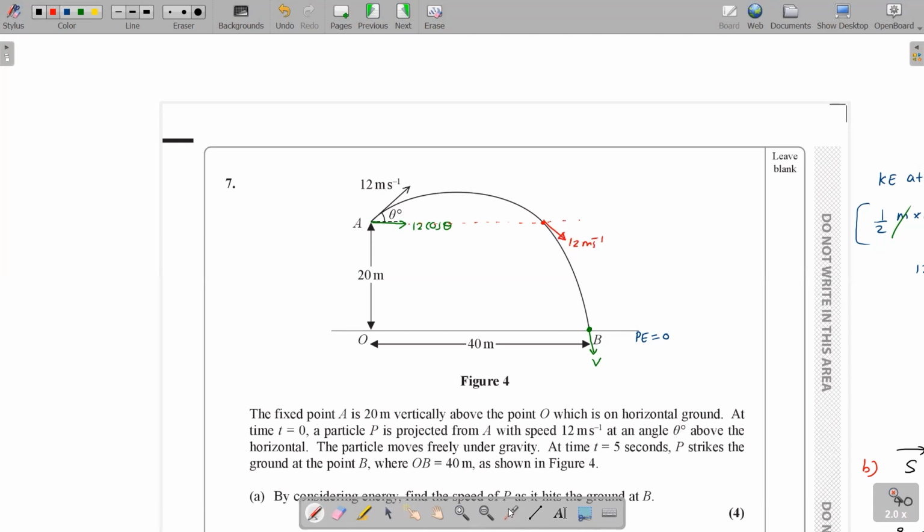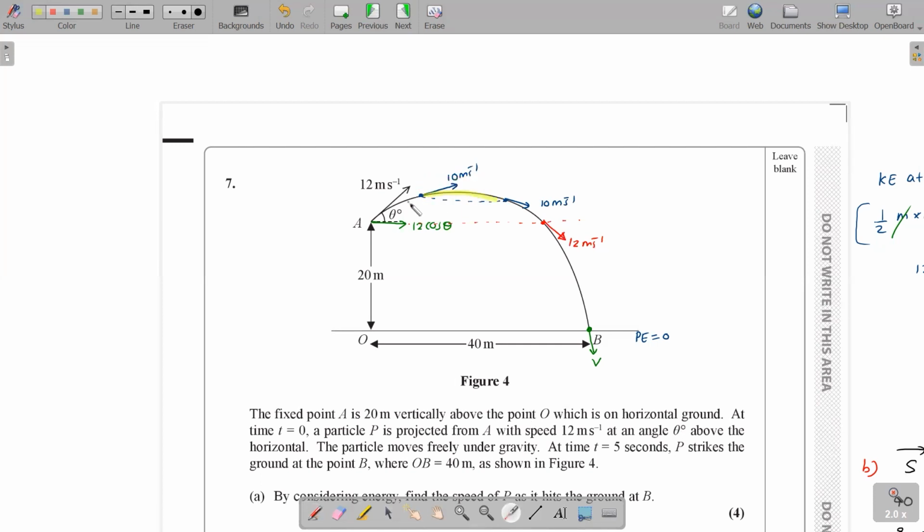Now you need to realize that the speed is decreasing, right? There's a time over here where the speed reaches 10. And on the immediate opposite side, we again have the speed 10. Above this particular section, the speeds are less than 10.